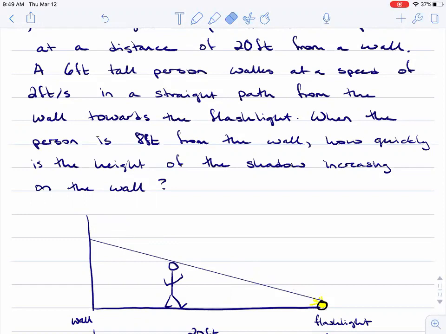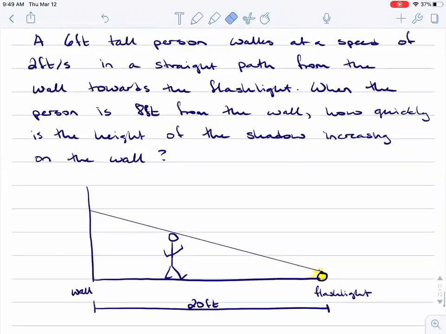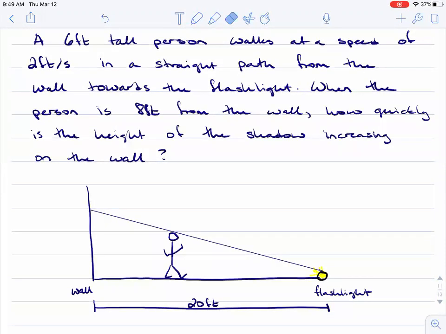So, okay, cool. Great. So now, what we need is we need to relate the rates, because that's the rate that we're given, right? And so we need to relate the rate that he's moving out from the wall to the height of the shadow, right?